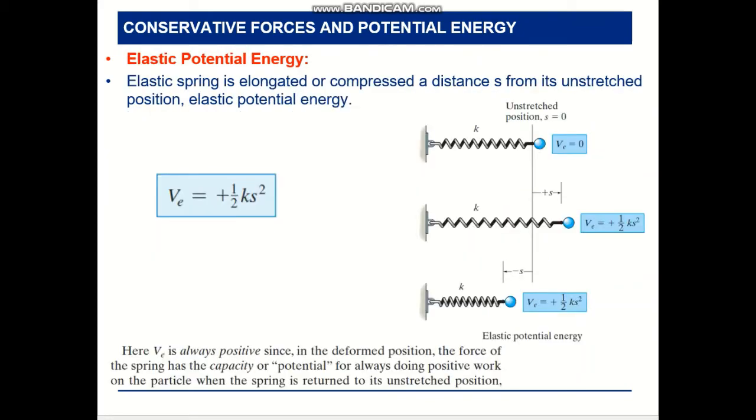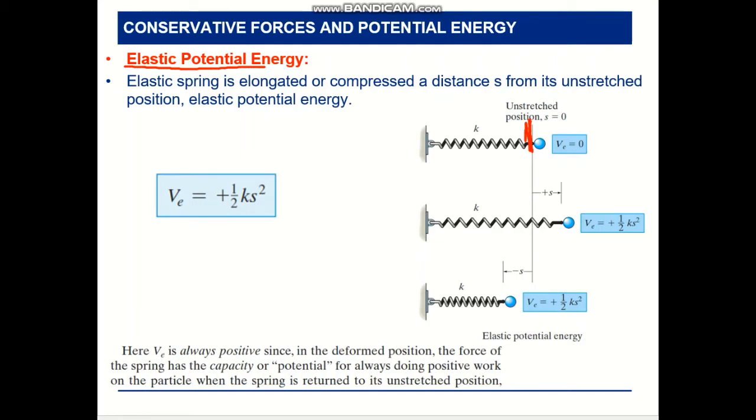If you talk about elastic potential energy, it's basically the same as the gravitational potential energy, but the only difference is the datum: we need to take the unstretched position of the spring. So if it is at the unstretched position, our elastic potential is 0.